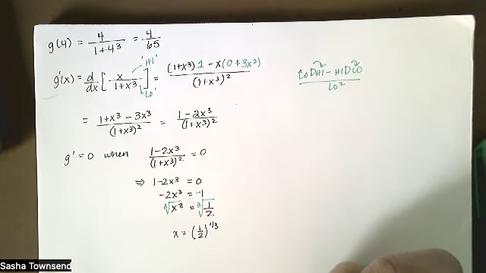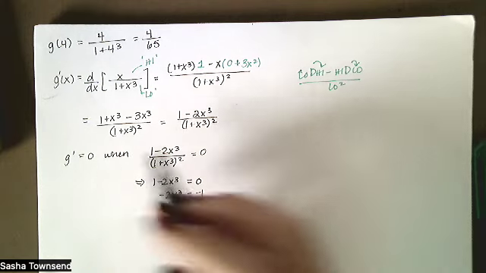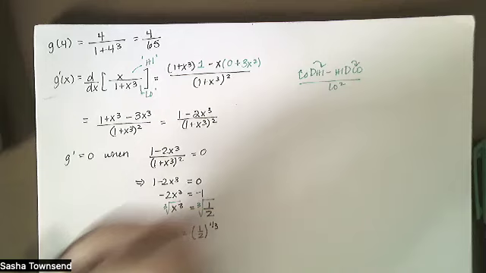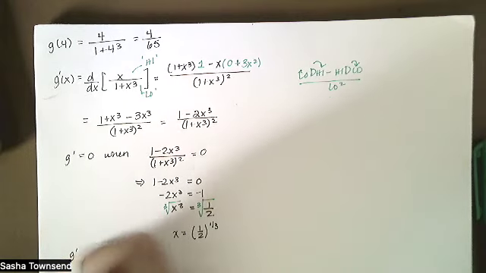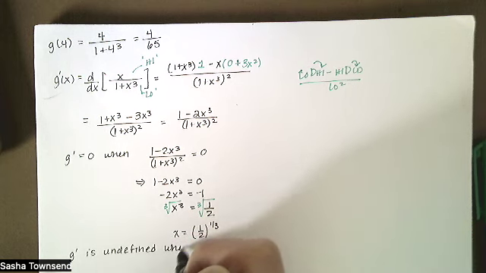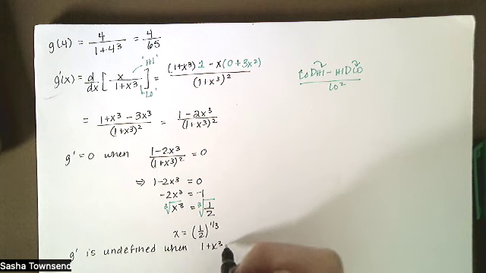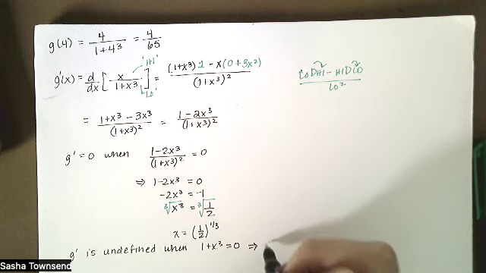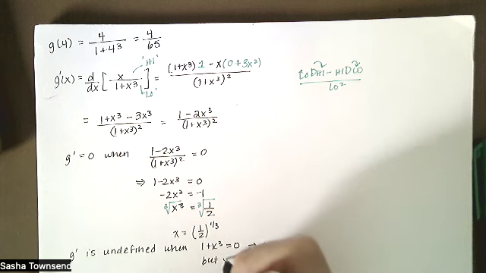Now g prime is undefined, and that's the only x value for which the derivative is 0. G prime is undefined when 1 plus x cubed equals 0, which corresponds to x equals -1, but x equals -1 is not in the domain.